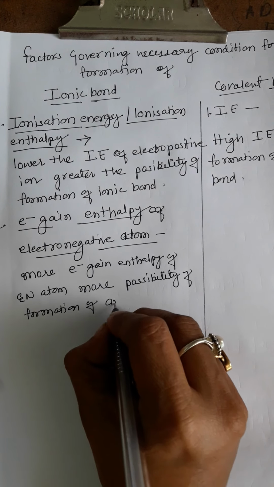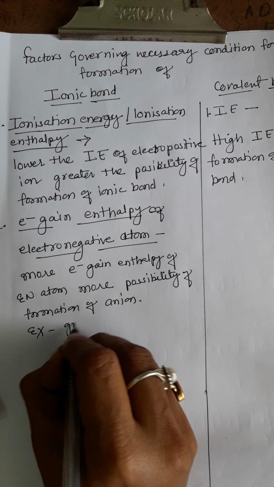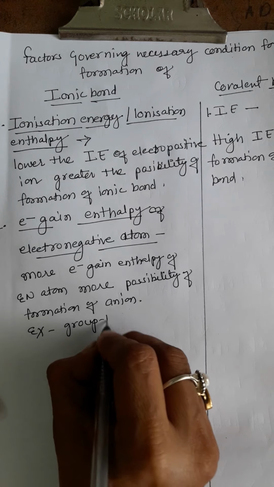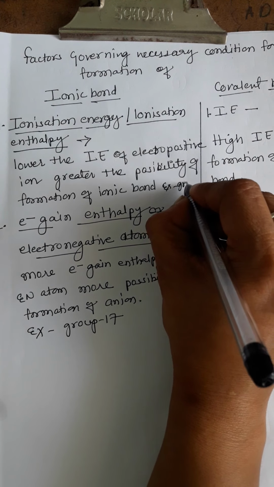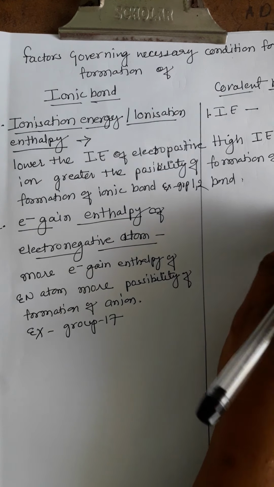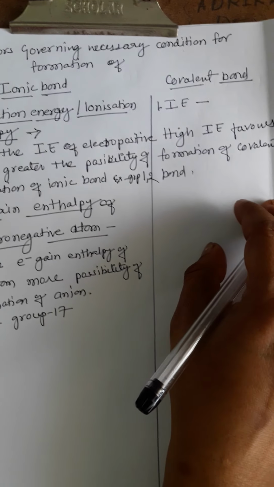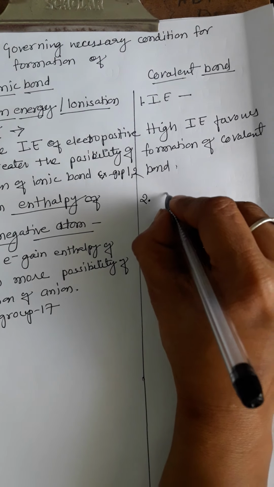Formation of anion. Example, group 17. Here example is group 1, 2.